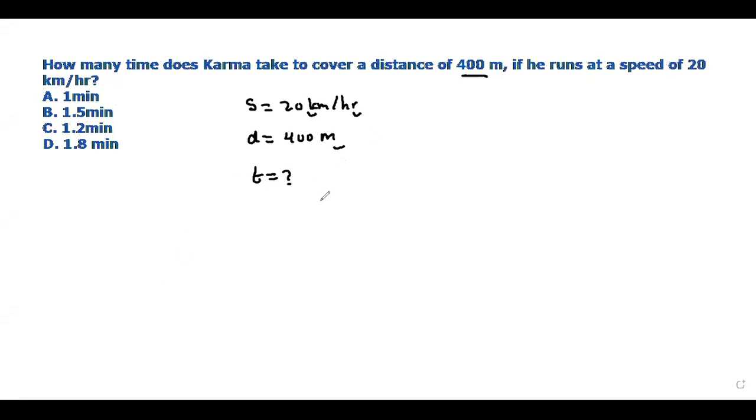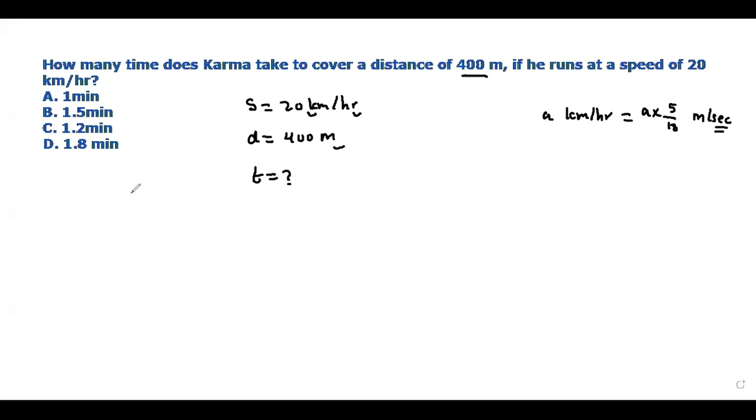Here is the formula you use: to convert kilometer per hour, a kilometer per hour, you need to multiply a by 5 by 18, and you will get it in meter per second. Right now we don't need the answer in seconds, we need it in minutes.